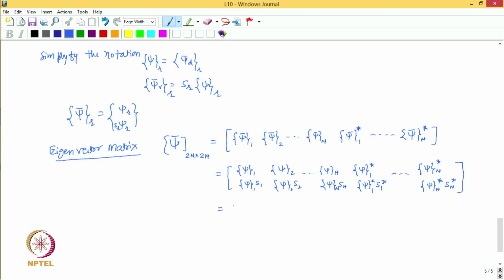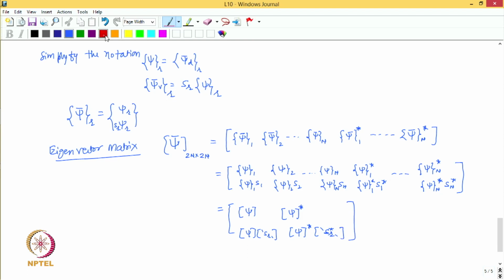Therefore, this matrix can now be written with a matrix of eigenvectors psi, which is of order n by n, then here we have the matrix psi star, and here we have psi times a diagonal matrix of eigenvalues, and here we have psi star multiplied by a diagonal matrix of complex conjugate eigenvalues.